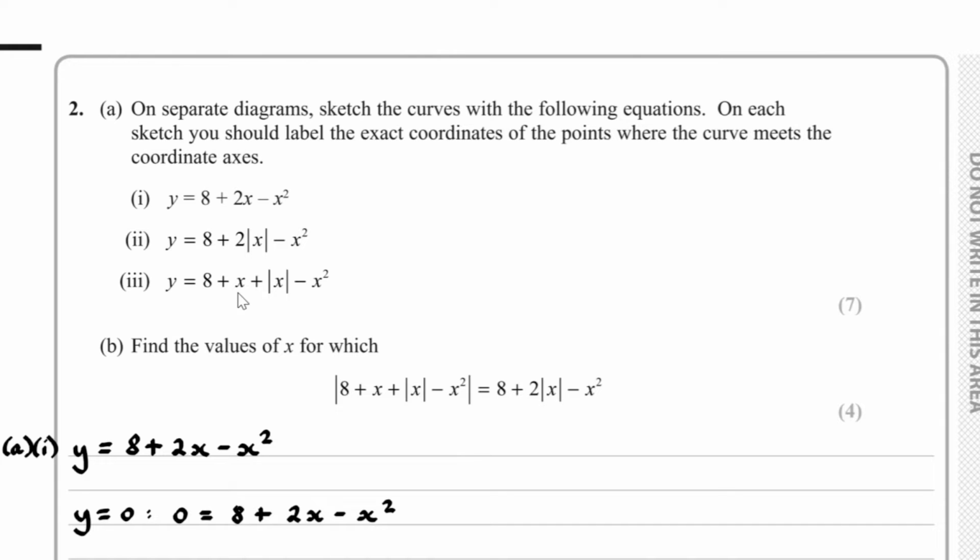Now, here is where things get slightly more complicated. For the third part, we've got y equals 8 plus x plus the mod of x minus x squared.